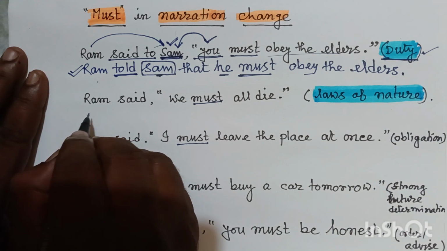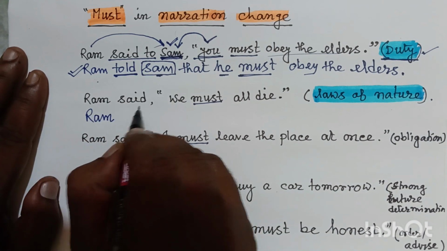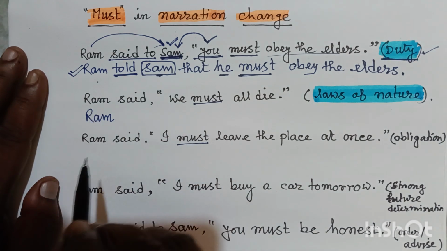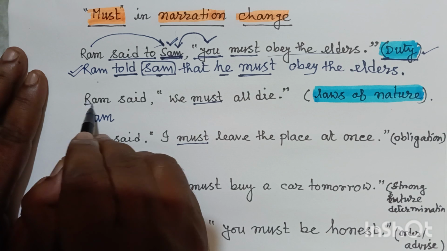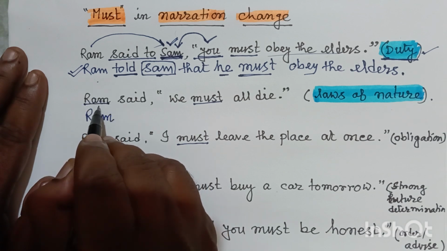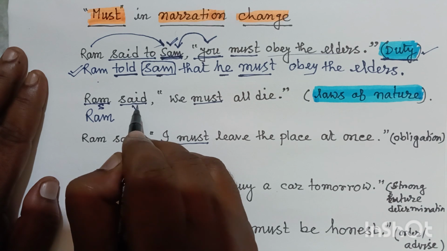Here you can see Ram said. So Ram, friends, here one thing I should inform you. Here you can see this is the subject of this sentence, Ram, and this is the verb.